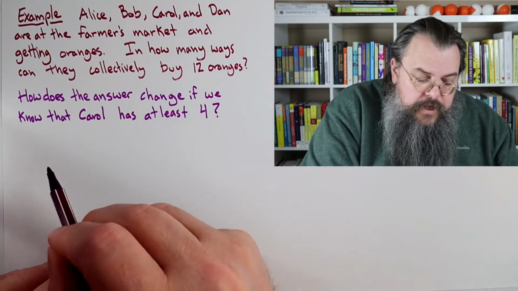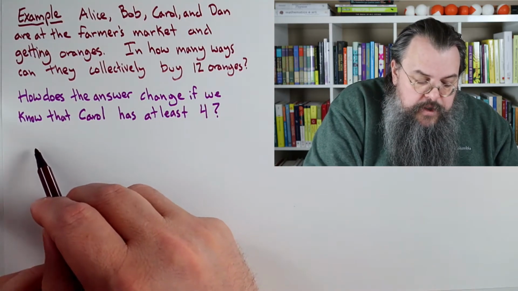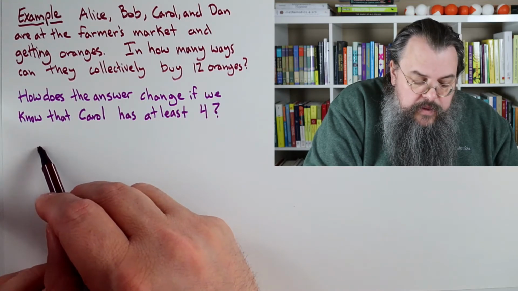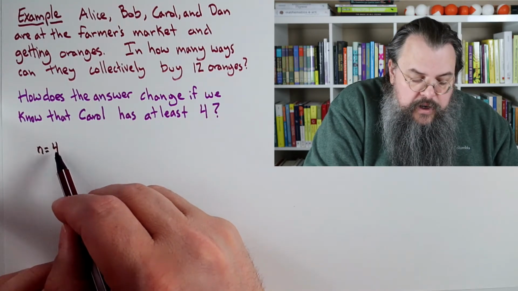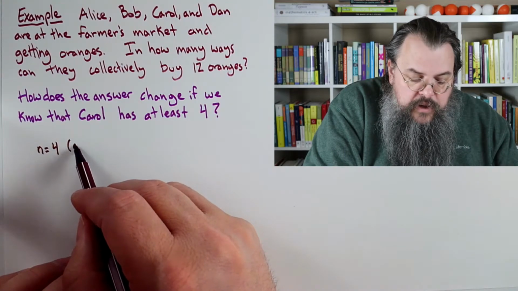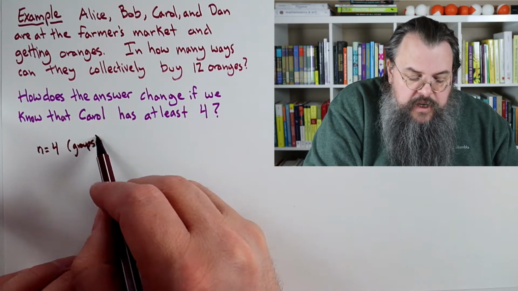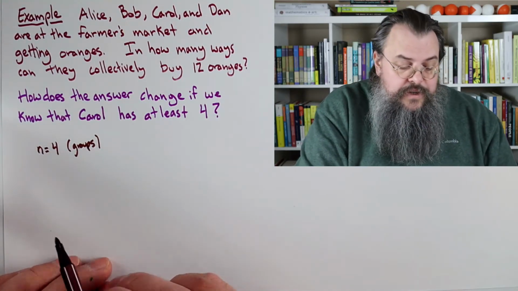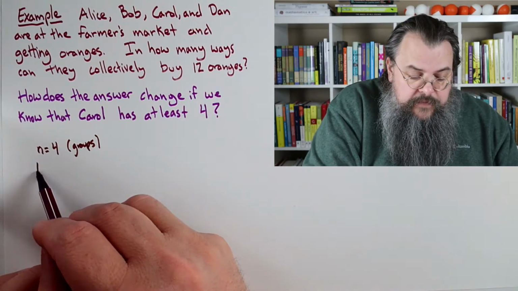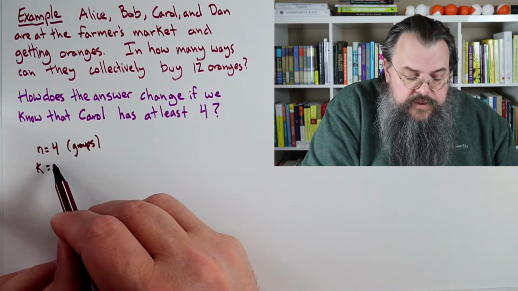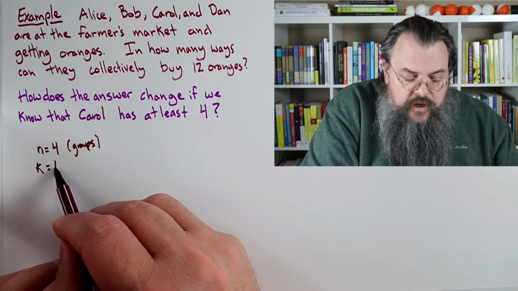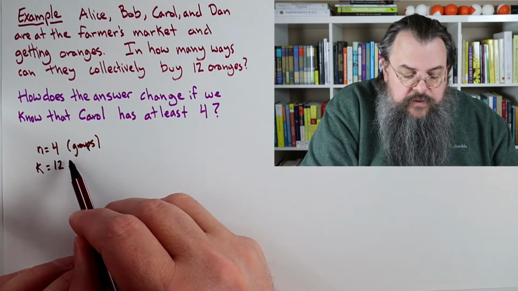All right, well, we know that the number of people is 4. These are our groups, places where we're going to be distributing our oranges into. And of course, we have our objects, which are our stars. These are our 12.